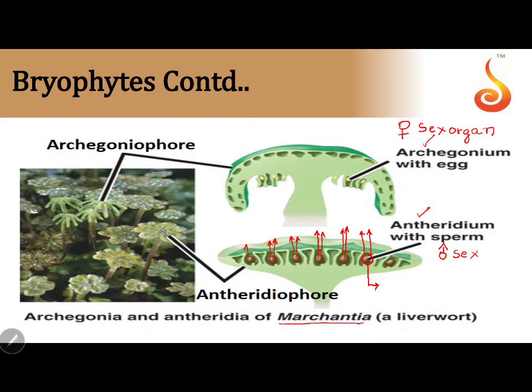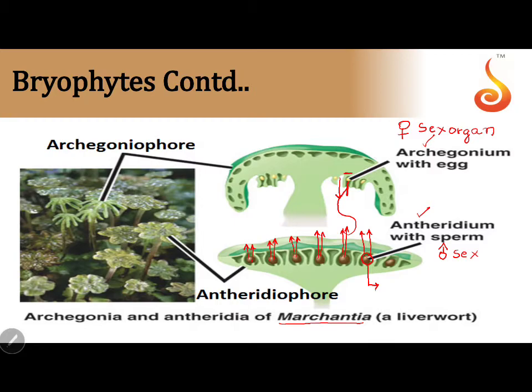I'm going to show you one of these structures elaborated. And archegonium will be like this only, facing down. The egg will be at the upper part and the opening of the archegonium will be facing down. It is upright. These sperms will enter through this opening to fertilize the egg. This is one important point.